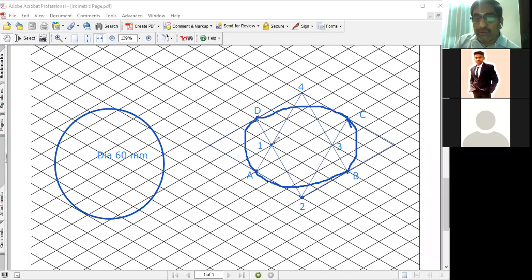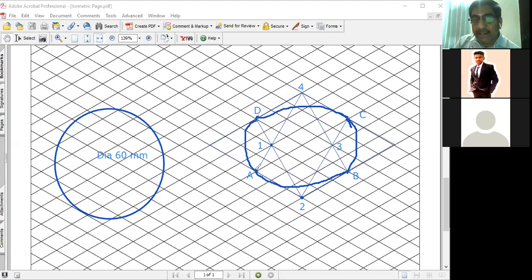So the thing is only to find out the centers 1, 2, 3, 4. It is the important thing. After finding them, you can use the compass with 1 as the center point and A as the radius. Draw an arc up to D. It is a quarter arc.